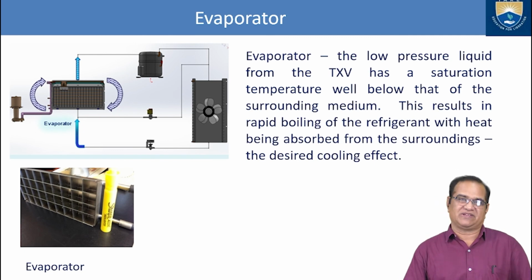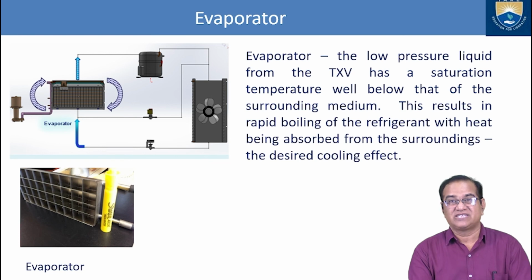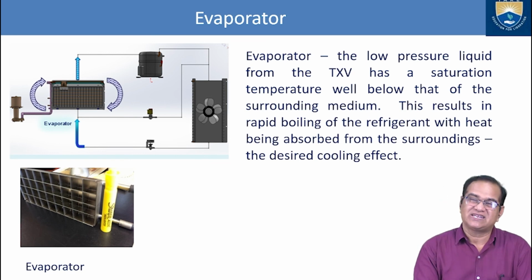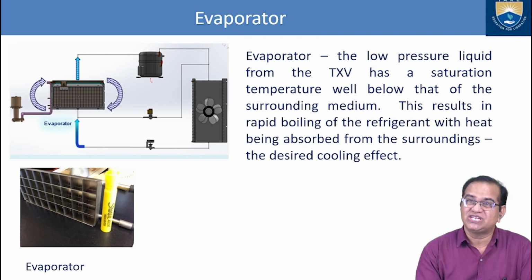So how is it happening? It is a very good process, like our sweating. How do we get sweat? After sweating, we get the cooling effect on our skin. In the same way, the evaporator is acting. The low pressure liquid coming from the thermal expansion valve has a saturation temperature well below that of the surrounding medium.